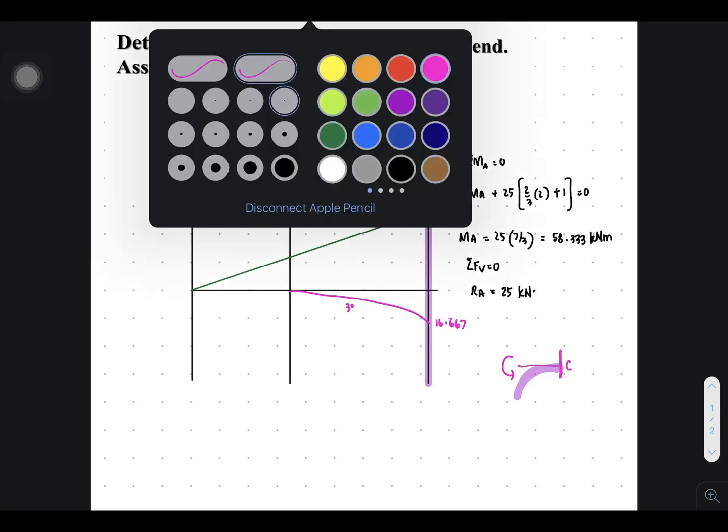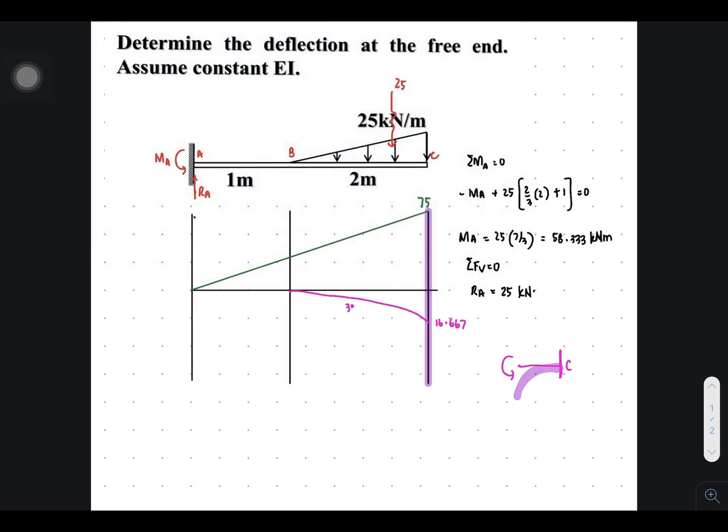So therefore, we're going to plot that on the lower side. And the value here, so this is the illustration, and this is 58.333. This is at 0 degree line.